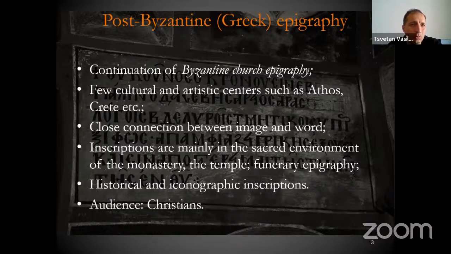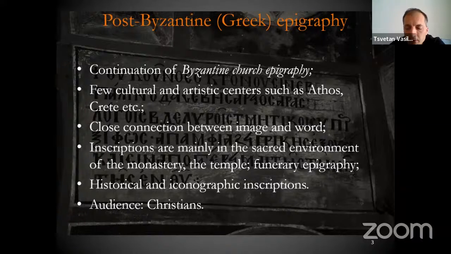It is using the same methods, maybe the same texts, and in this area, in the Balkan Peninsula, we can say that it's a continuation of Byzantium itself in the Ottoman period.